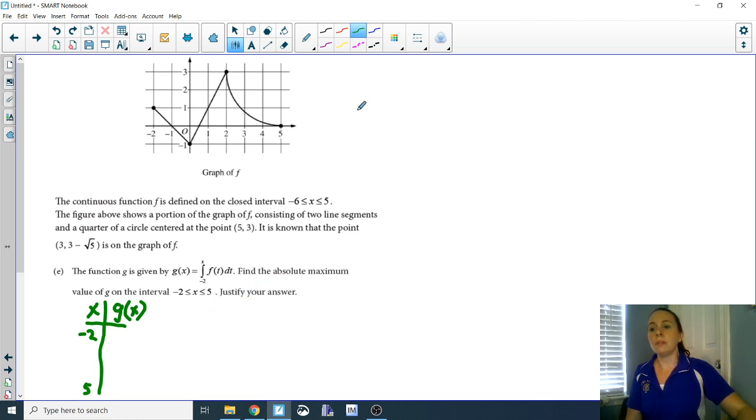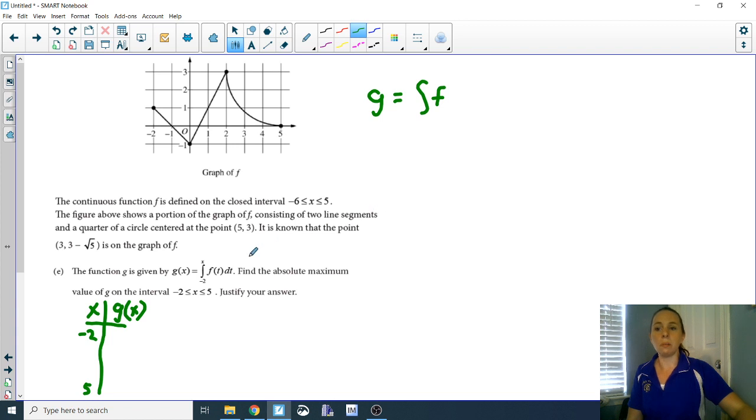Before we do that, I think it's really important to note something. I'm just going to simplify the g of x function that was given to us. It said g of x is the integral from negative 2 to x of f of t dt. Let's do this so that we can think clearly about the relationship between g and f.